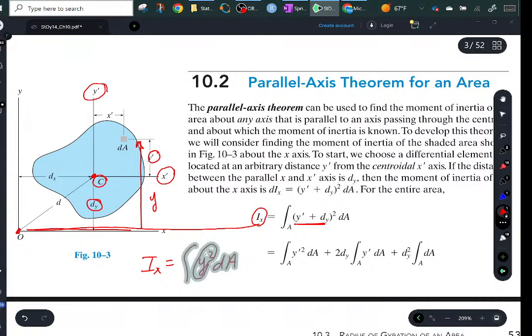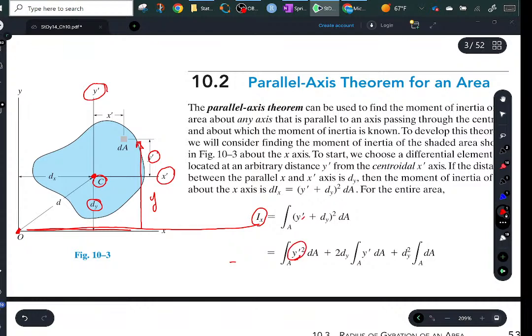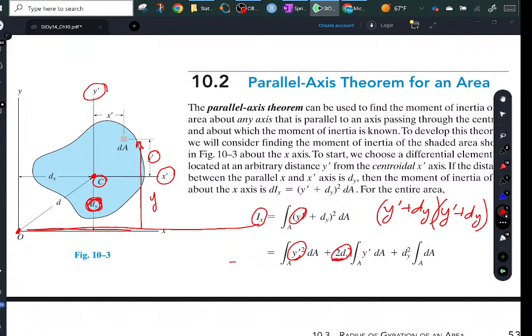And he says, okay, I'm going to do this integral. When you square that, of course, you get y prime squared, because this is nothing more than y prime plus d y times y prime plus d y. And so then you get two of these. Well, the d y doesn't change, so it can be moved out. And then you have this d squared, which can be moved out because it doesn't change.